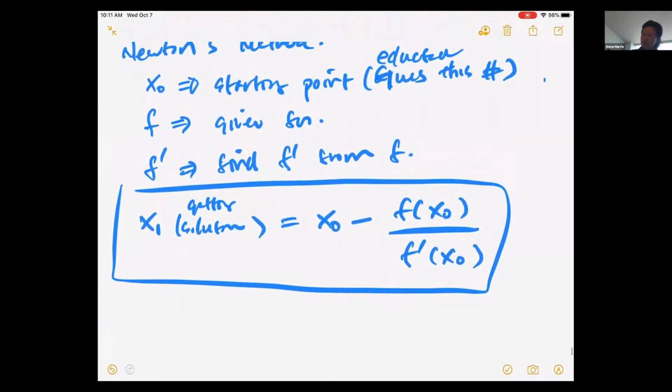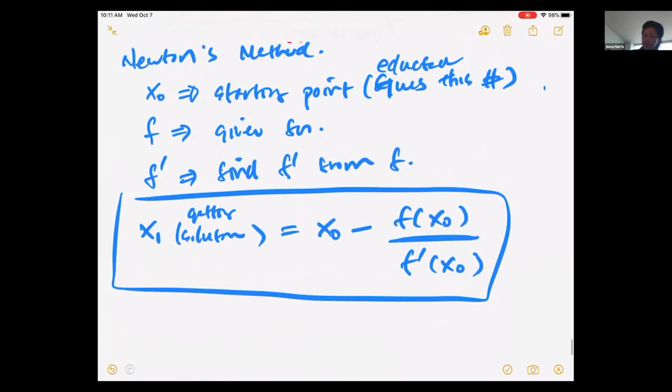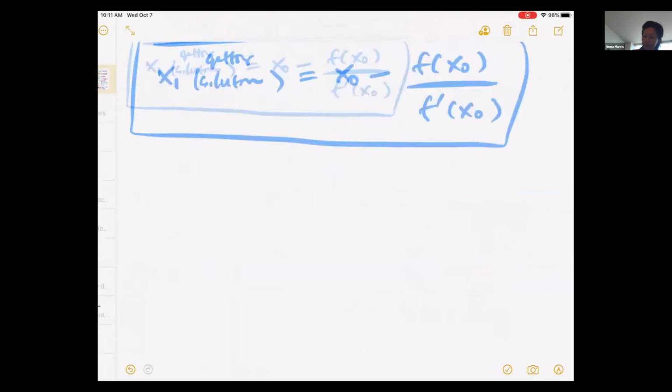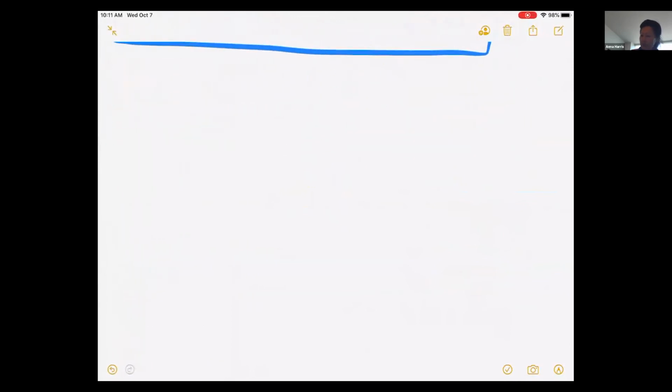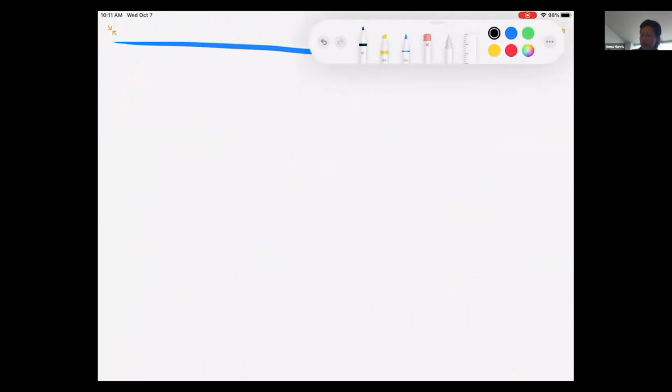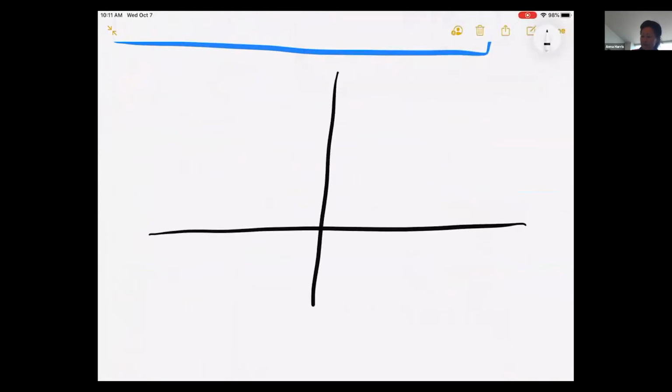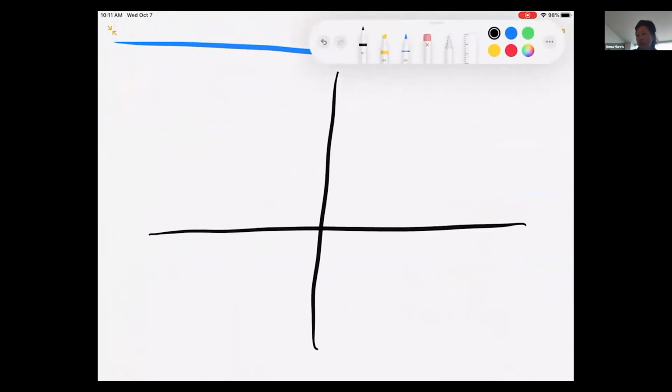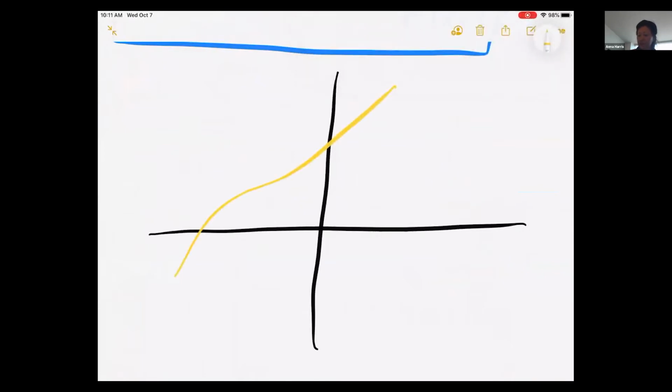All right, so let's understand what this means. For example, say I have a graph, and my graph looks like this. It's some function.